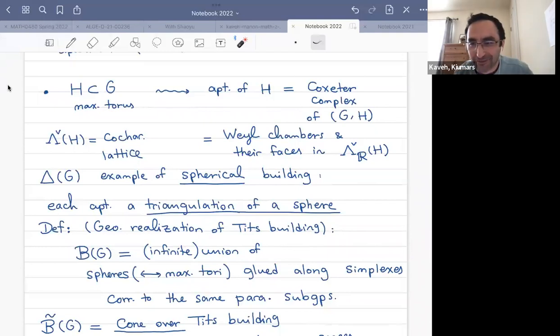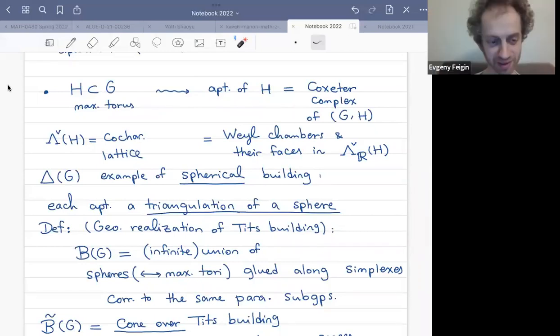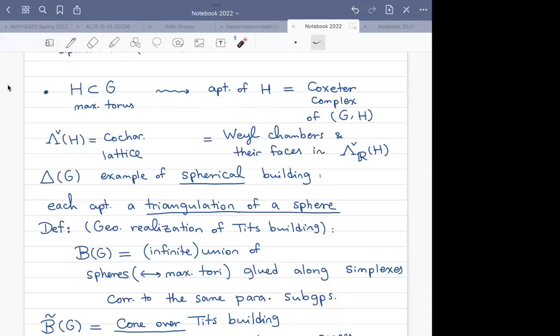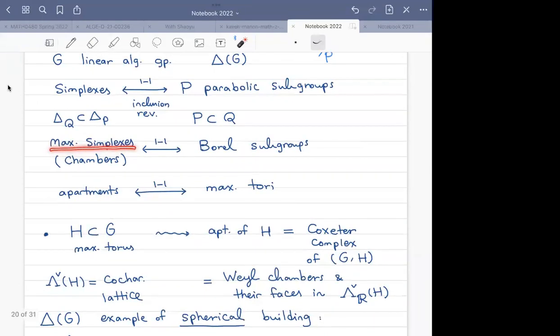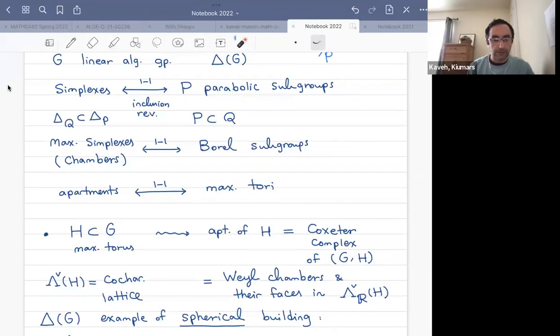Is that okay? Everybody's quiet, so it's either obvious or something is explained very badly. So the simplices of maximal dimension correspond to Borels. Yes. Maximal simplices. And the vertices, these numbers 7 and 20, what are they? They are the number of maximal parabolics.